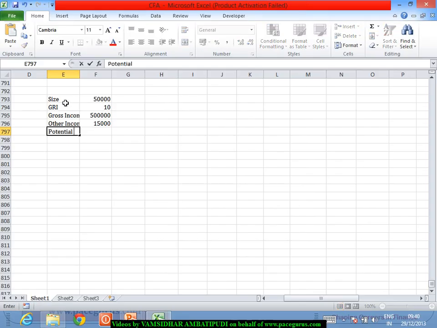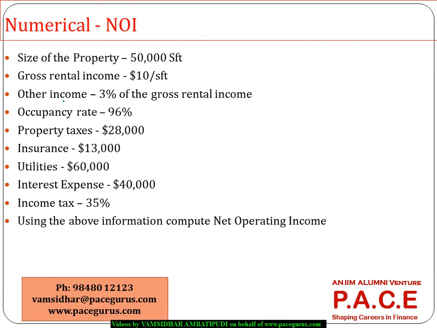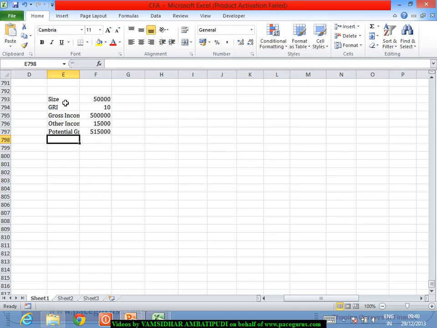When assuming that the occupancy rate is 100% and assuming that all collections can be made, my potential gross income is to the extent of 515,000. And I'm saying the occupancy rate is 96%. So I can take the vacancy rate as 4%.